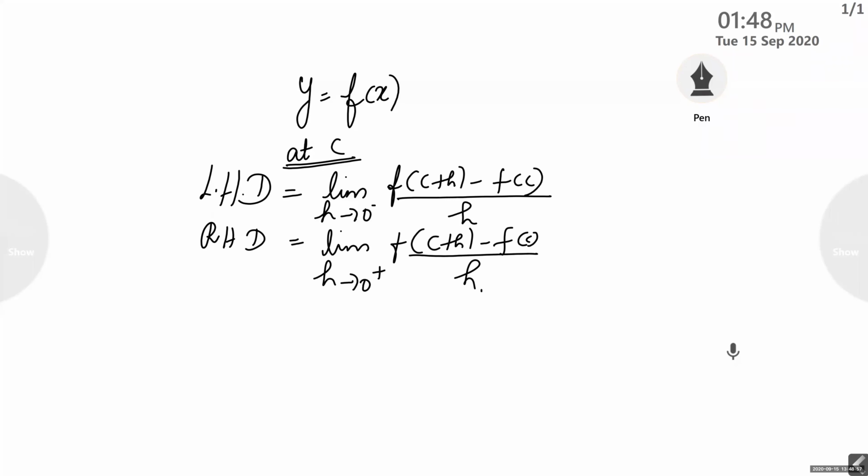If both the left hand derivative and right hand derivative are equal, then we say the derivative of the function exists, and it will be denoted by f dash of c. This is what we discussed in the last class.